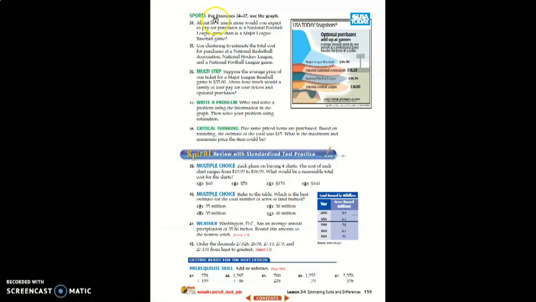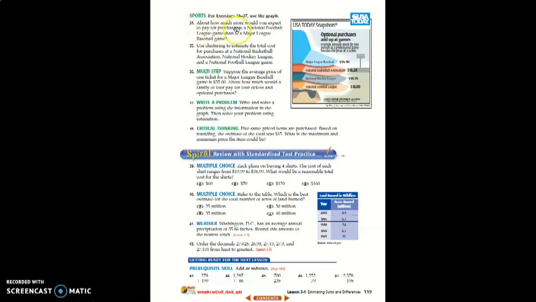Sports for exercise. 34-37. Use the graph. 34.